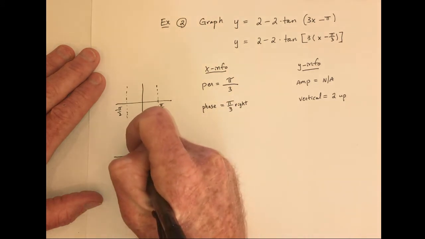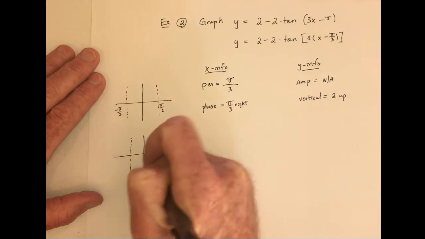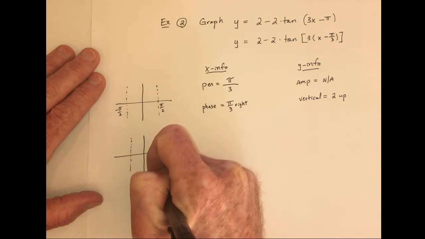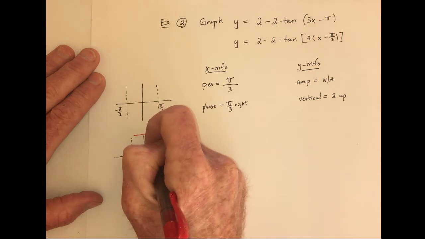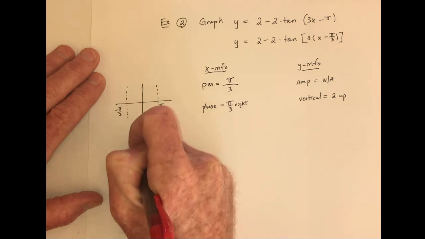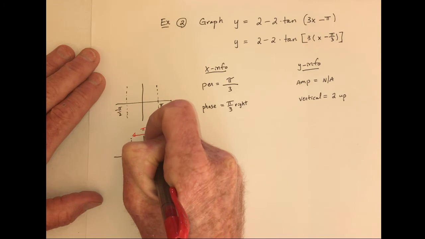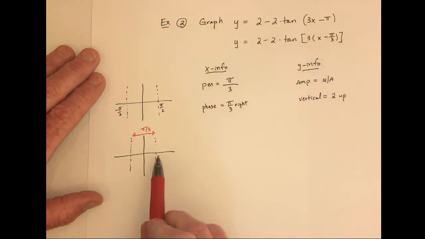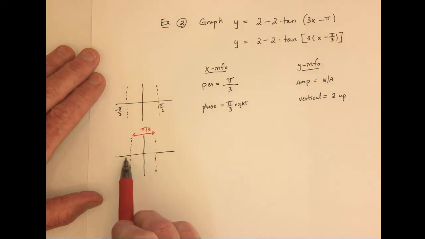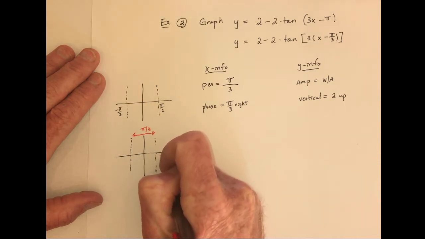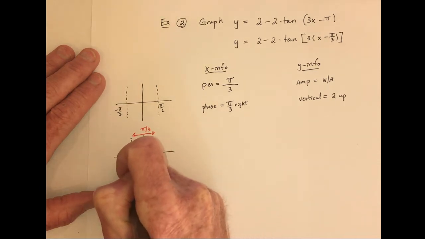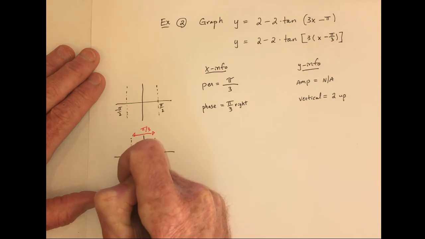So that means that from one asymptote to the next, that's a total length of pi over 3. So if you measure between these two dotted lines, that's a length of pi over 3. So half of it has to be over here and half of it has to be over here. If you cut this in half, that would be pi over 6. So this would be pi over 6 positive, and this would be pi over 6 negative.